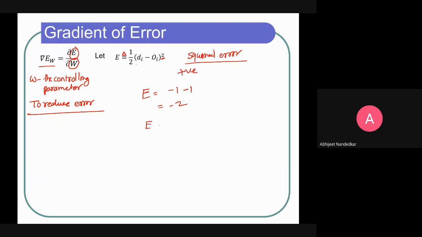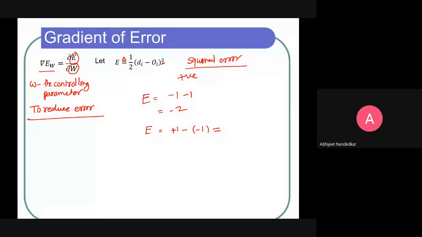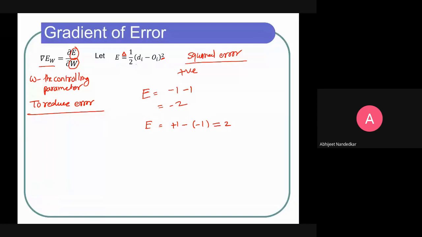If the desired response is +1 and you are obtaining -1, then this is +2. So the error is always plus or minus 2. If you obtain the correct answer, then the error is 0.